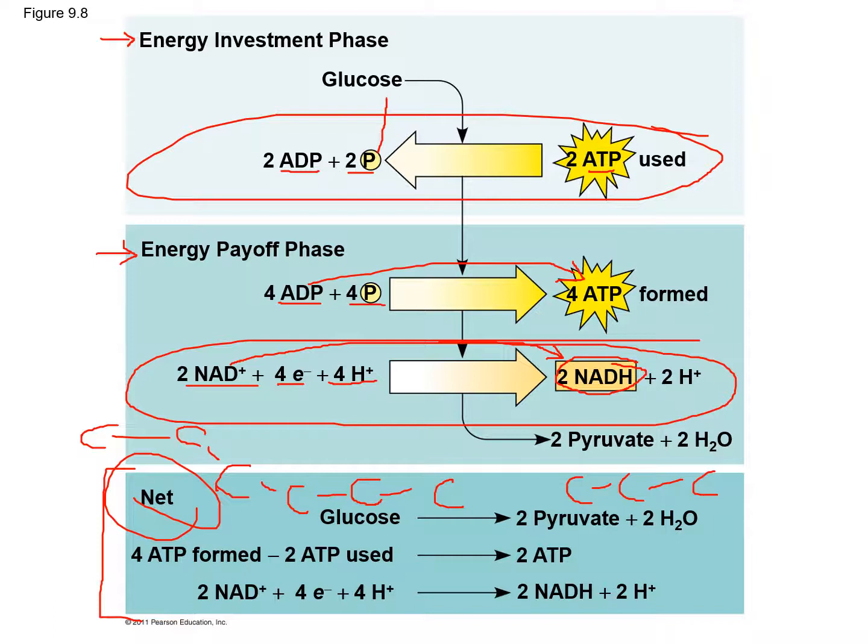Now we've made 2 of these pyruvates. We also had 4 ATP formed, 2 ATP were used up right there. So we have a net of 2 ATP made. We also have 2 NADs that were coming in, and then we've got 2 NADHs that are coming out.